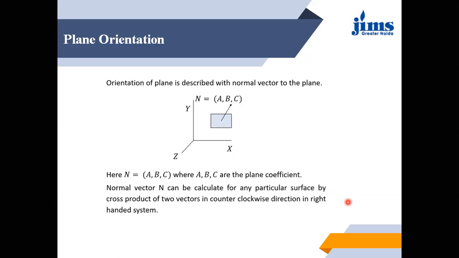First one is the left-handed system and second one is the right-handed system. And over here, generally we use the right-handed system to represent a 3D object. So normal vector n can be calculated for any particular surface by the cross product of two vectors in counterclockwise directions.